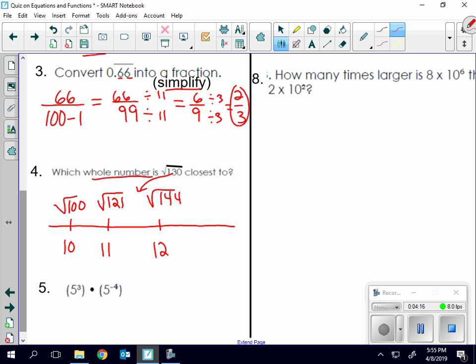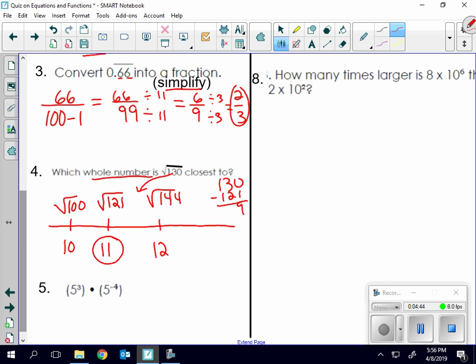And the answer is it's closer to the 121, in which case the answer would be 11 in this case. And if you need to double check, you just take the difference of 121 and 130. In fact, I'll subtract the bigger minus the smaller. 130 minus 121 is only 9, so there's only a difference of 9 there.